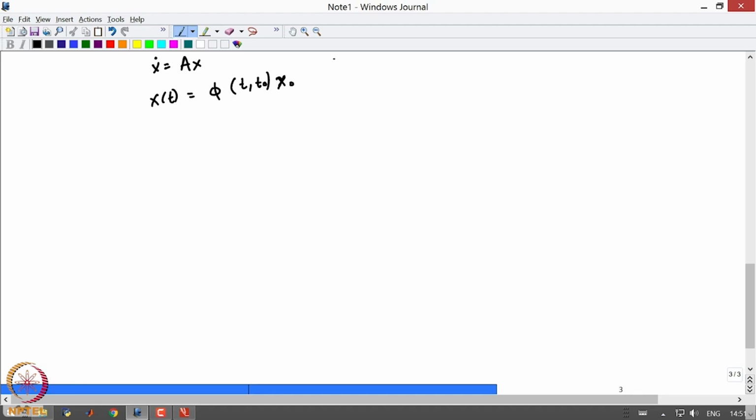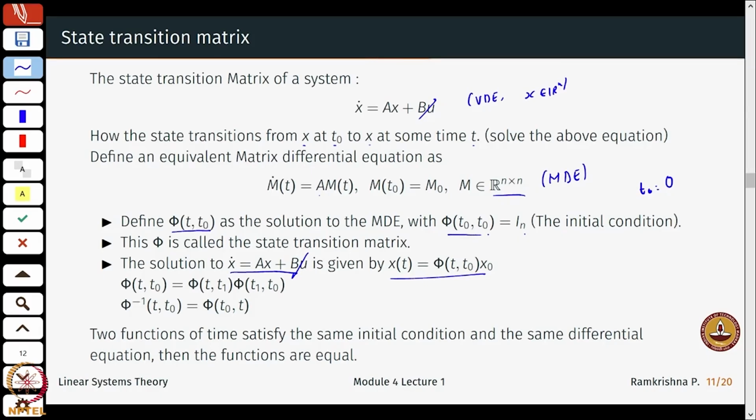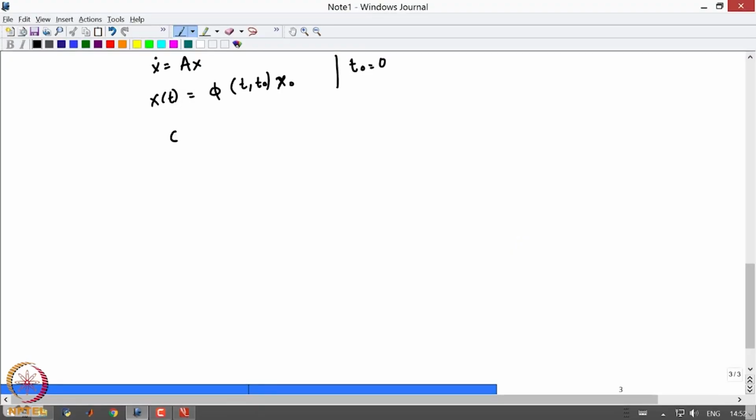For simplicity, let's assume that t naught equals 0, even though nothing changes with this. My expressions just look a little easier. So what is the property of the state transition matrix, or how did I define this? Well, this was the first thing: phi of t naught comma t naught was the identity, or the initial condition of the matrix differential equation was the n cross n identity matrix.